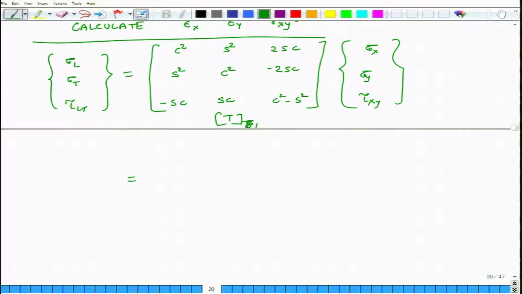So, what is theta? Theta is equal to 60 degrees. So, cosine theta is half, and sin theta is root 3 by 2. From this we find the members of this matrix.